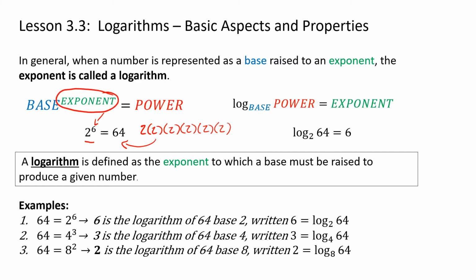Okay, so when you see the log function, it's on your calculator, you might see it written as log. It has a base, okay, the base being whatever number you're going to multiply out multiple times. And the number you put in the logarithm, if you were to put it in your calculator, would be the power. In other words, the final solution.